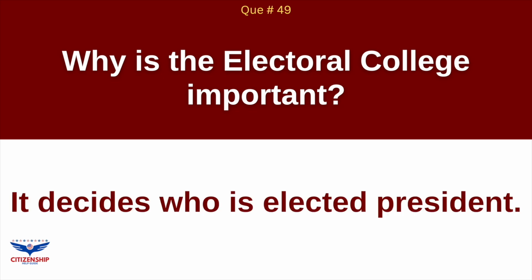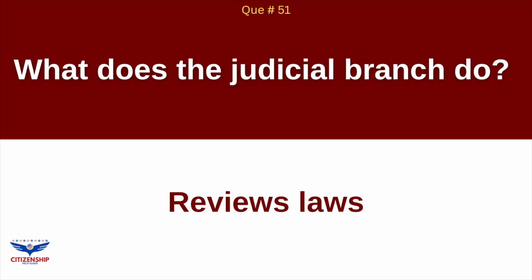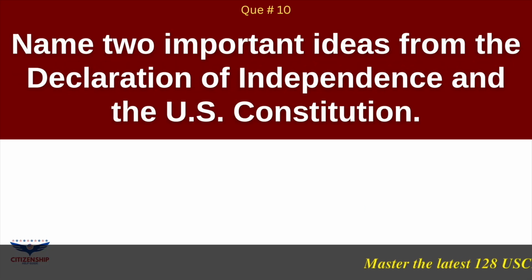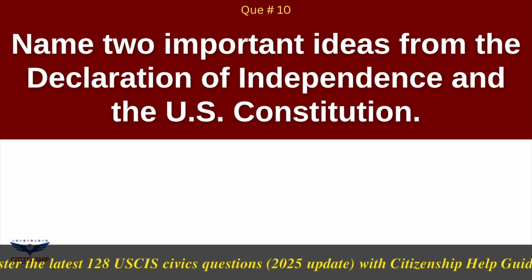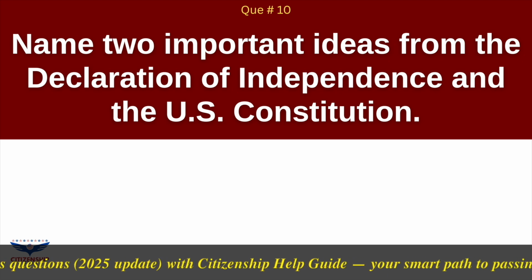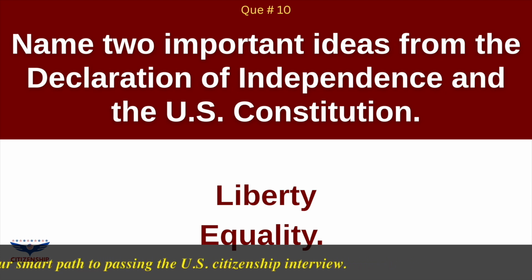It decides who is elected president. What does the judicial branch do? Reviews laws. Name two important ideas from the Declaration of Independence and the U.S. Constitution. Liberty. Equality.